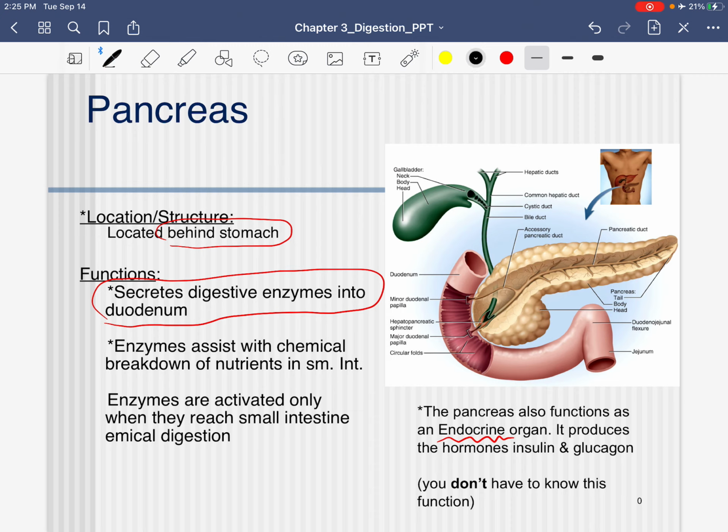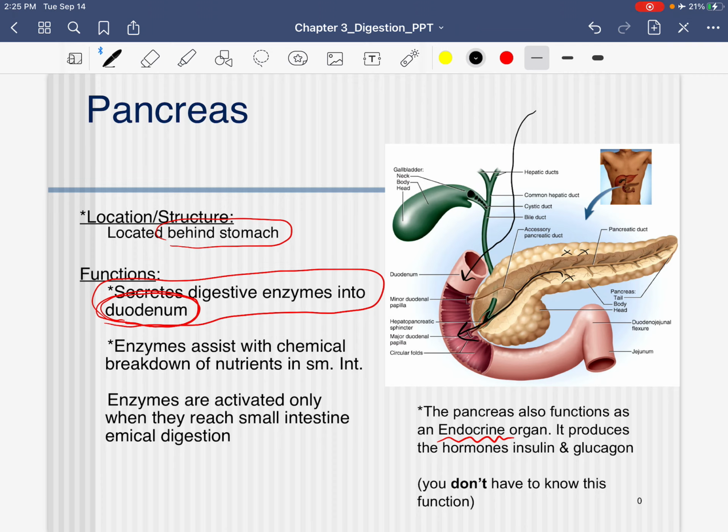Those enzymes are produced out here in the pancreas. They take a trip down this duct and look at where they're released into, the duodenum. Remember, the duodenum is the beginning of the small intestine. So earlier, we had food coming into the mouth, pharynx, esophagus, stomach, small intestine.